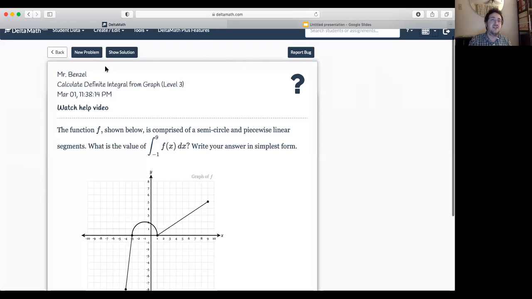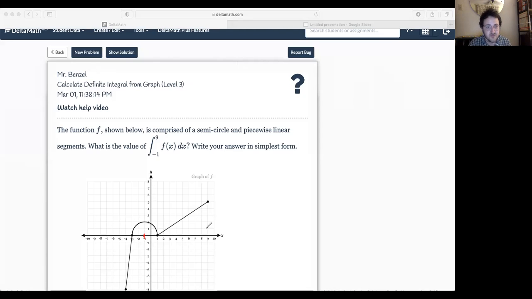All right, our last example, we're going to showcase a level 3. And level 3s are level 3s because they may have positive and negative areas, but they also have things like semicircles or quarter circles and that type of stuff. So fortunately, we do know how to take the area of a complete circle.